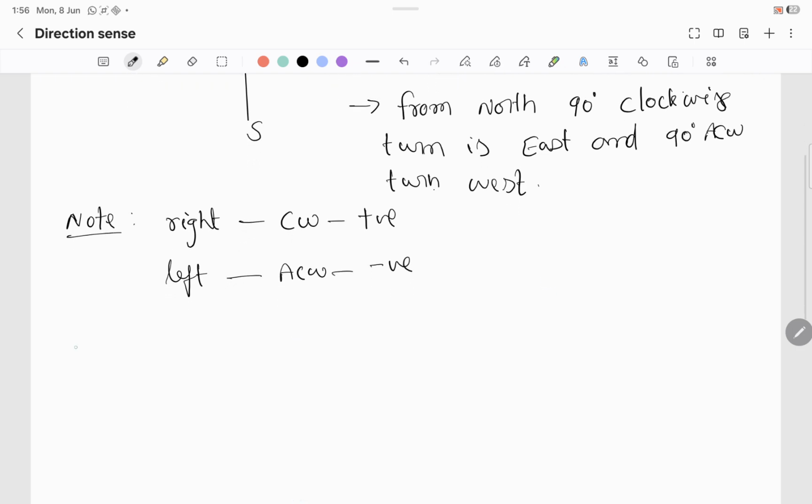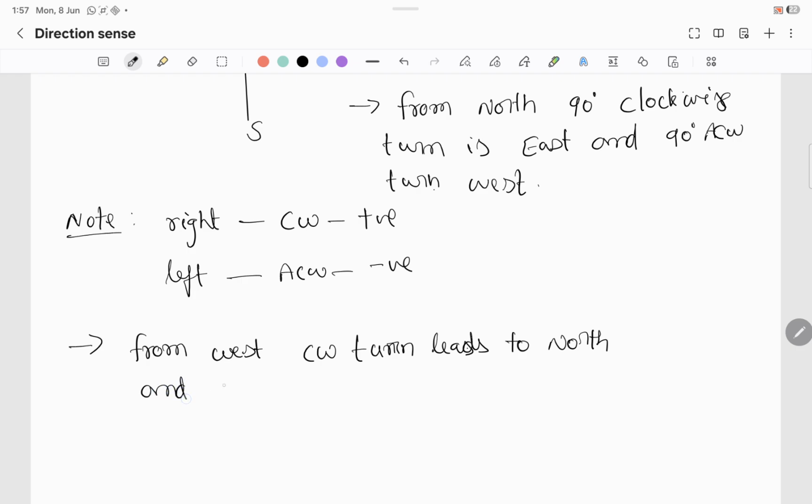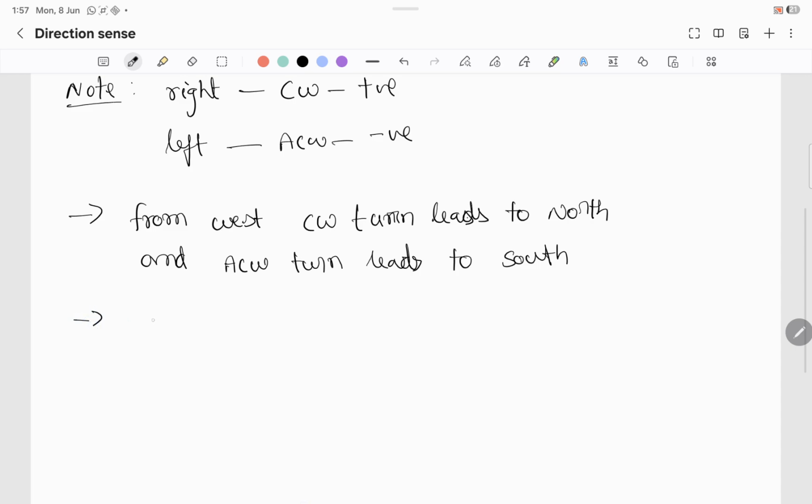So from west, a clockwise turn leads to north, and an anti-clockwise turn leads to south.